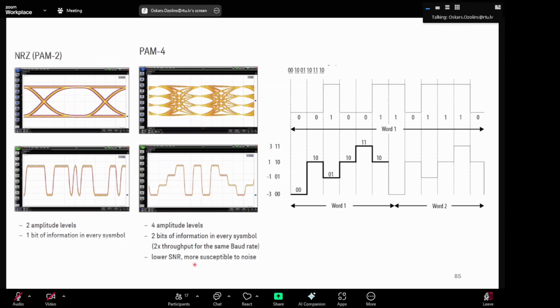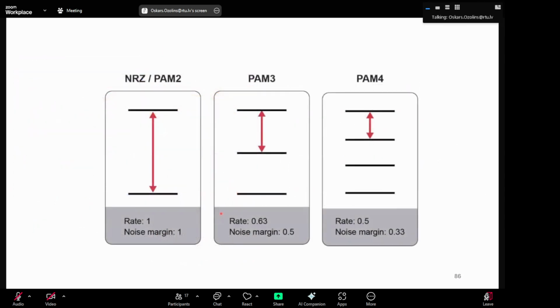So it's more sensitive, or there's a bigger impact from the noise in the system. Right. So then there's also another thing represented here: the noise margin is decreasing when you increase the speed.